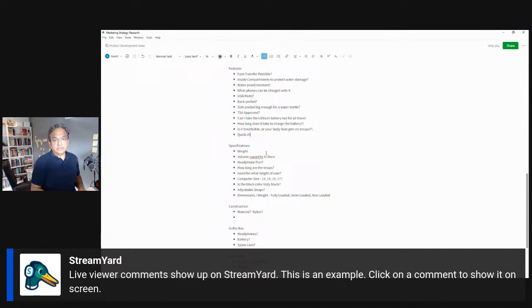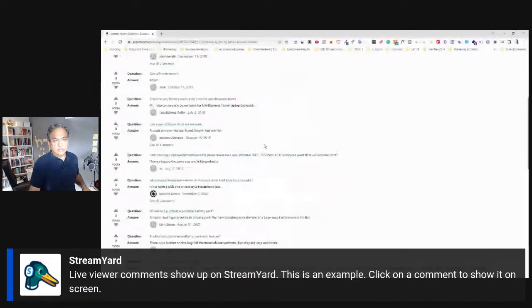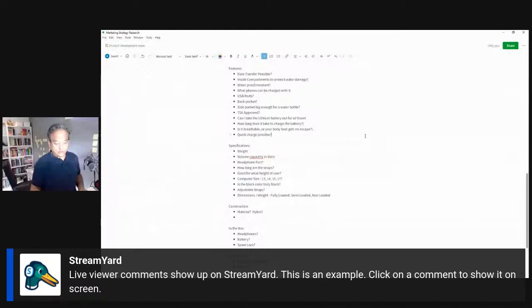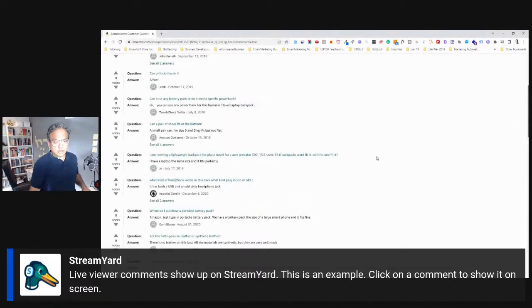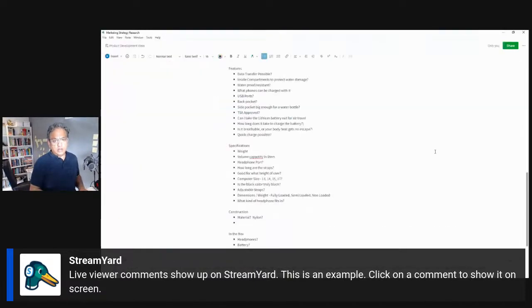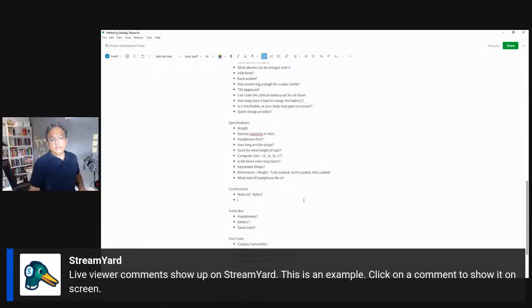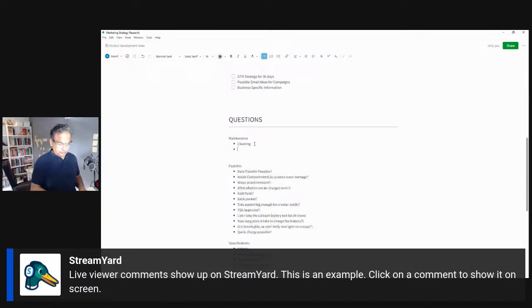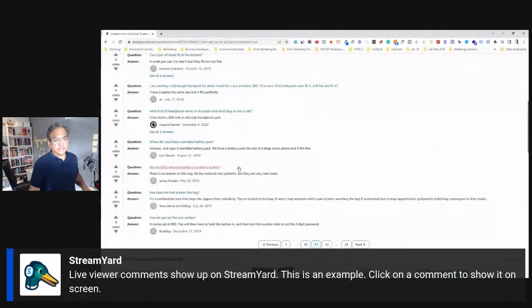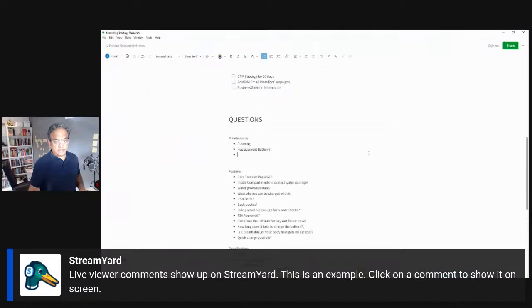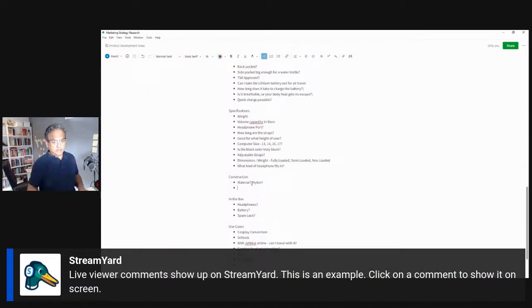Quick charge possible or not? Replacement battery is an interesting one. Belts, genuine leather or synthetic leather. This is again material.